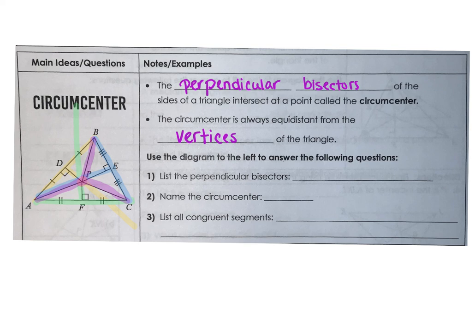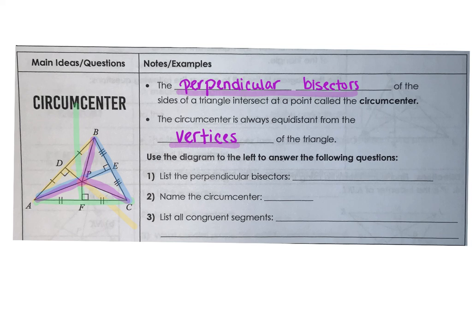So two things about the circumcenter here. It is made up of the perpendicular bisectors, and it is the same distance from every single vertex. So if I were to list the perpendicular bisectors, they are going to be from each side to the center there, to the circumcenter.